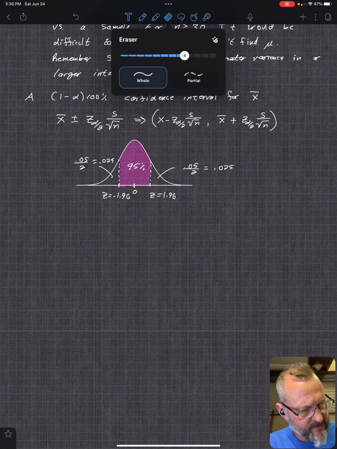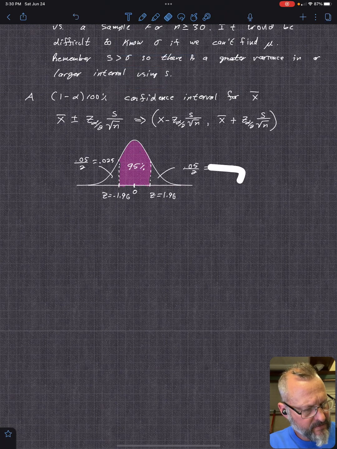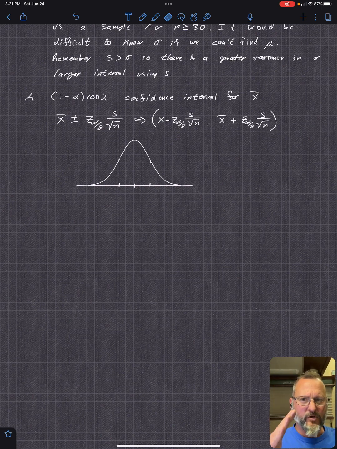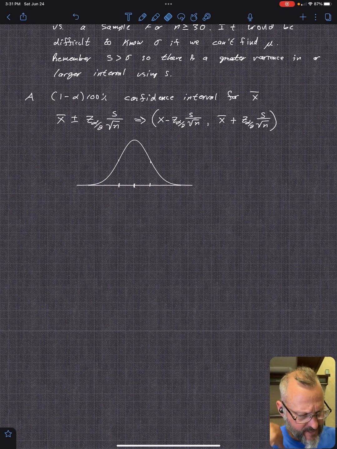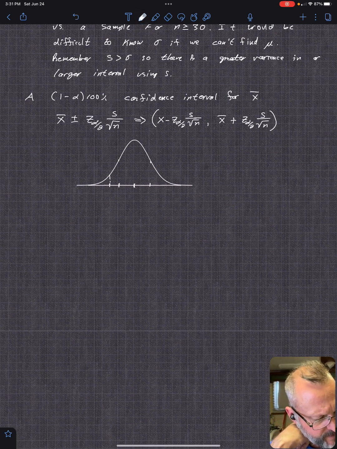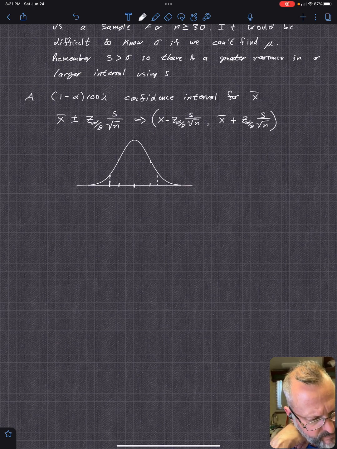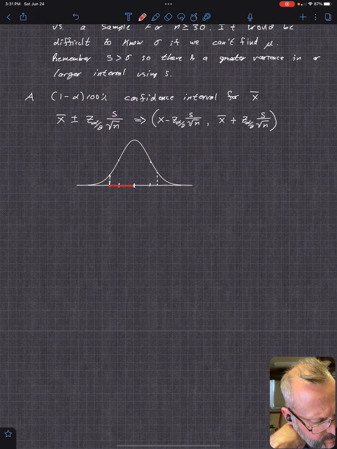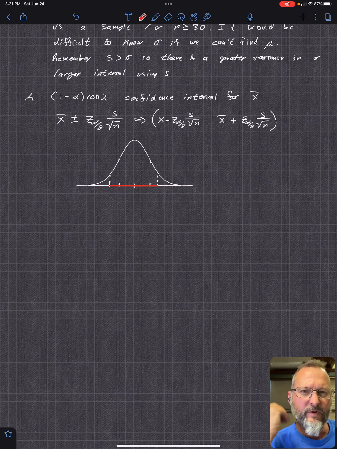All I want is the curve, because it's difficult to draw those symmetric, because normal curves are always symmetric. There's no skewness to it yet. So that confidence interval is going to go to here. That's the interval we're looking for. Constructing that, like what are the actual values?